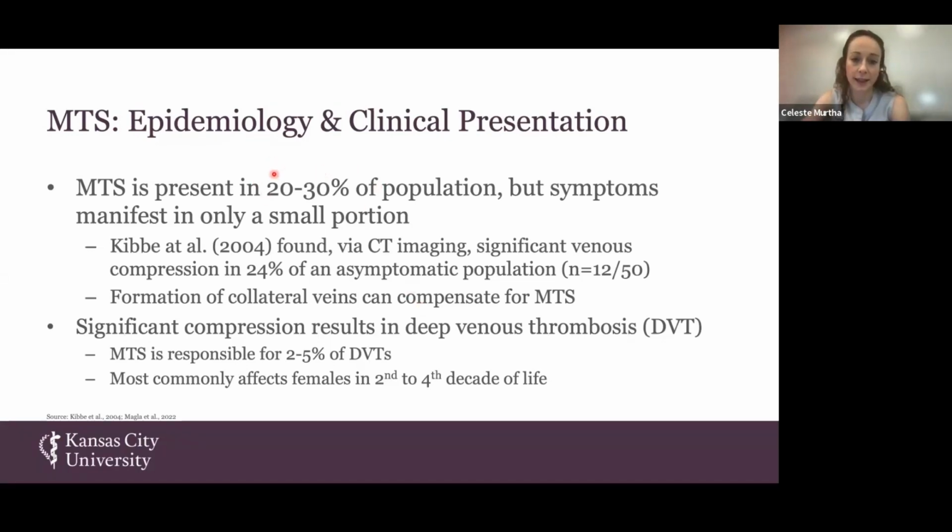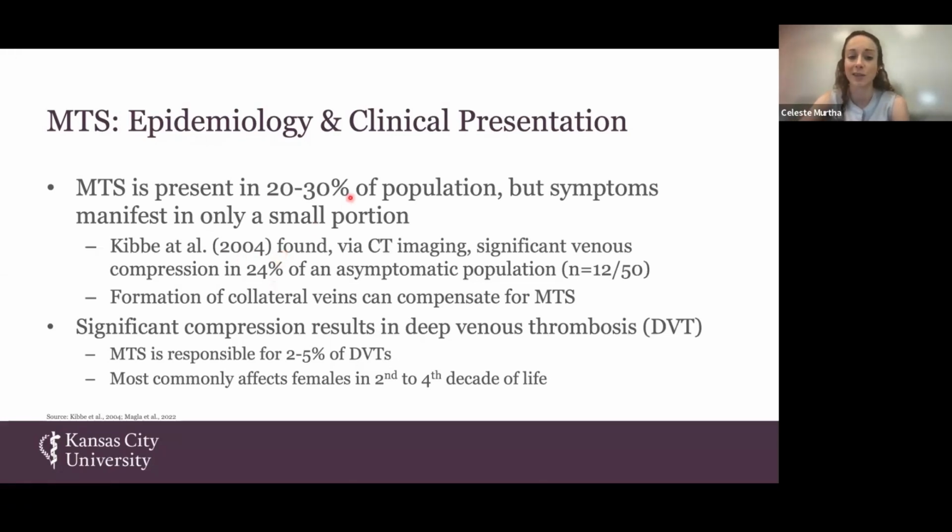To give you a sense of the asymptomatic nature of this disease, a study in 2004 conducted by Kibbe et al. conducted a retrospective analysis of abdominal and pelvic CT scans in an asymptomatic population of 50 individuals. And among those individuals, Kibbe et al. found that there was significant venous compression, specifically the left common iliac vein, in 12 of those 50 individuals, which amounted to 24% of that population.